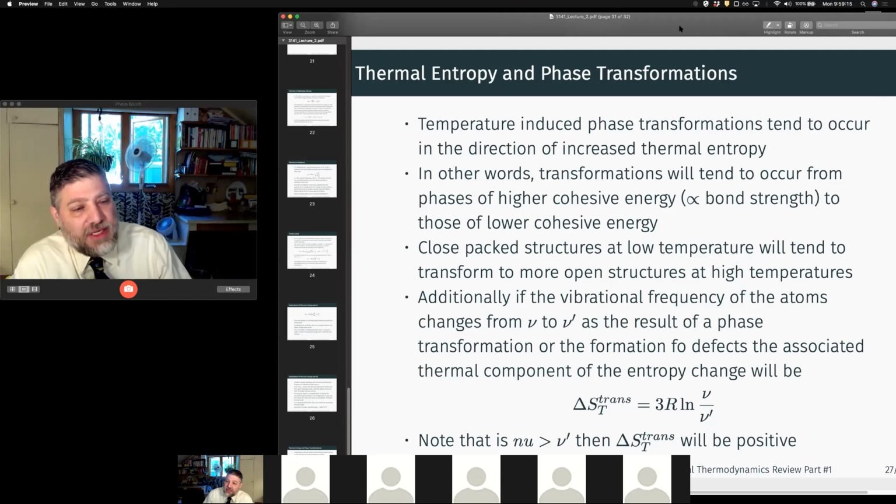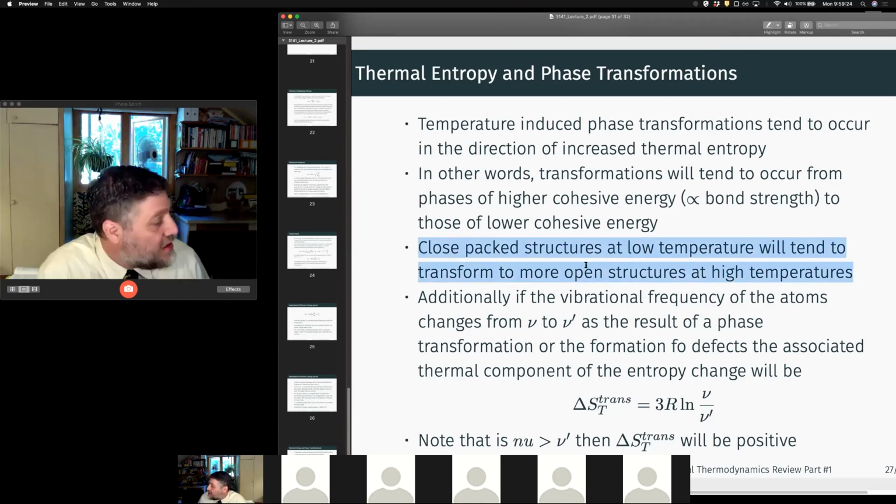Which is interesting because we'll see lots of materials that have high temperature phases that are BCC. The probably most well-known example is titanium, right? What's titanium at room temperature?